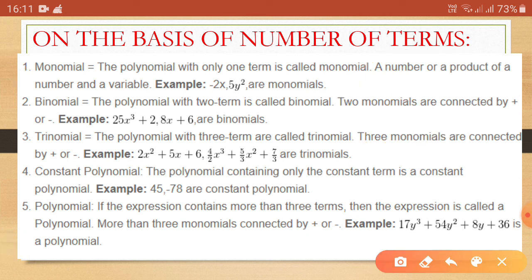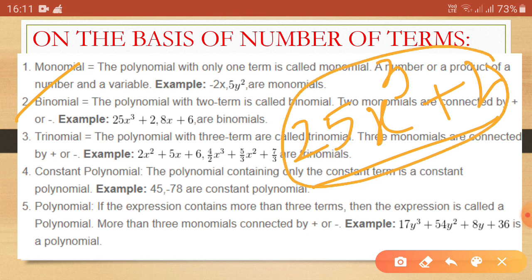The next term is binomial. So if I write 25x to the power 3 plus 2, it is known as the binomial. Why? Because here we have two terms. One is 25x cube, another one is 2.